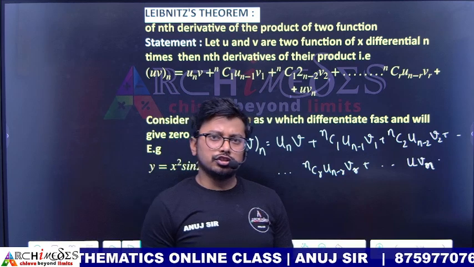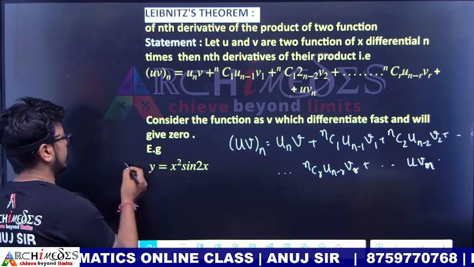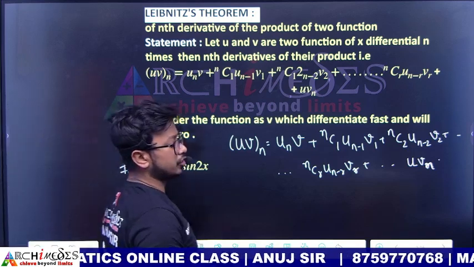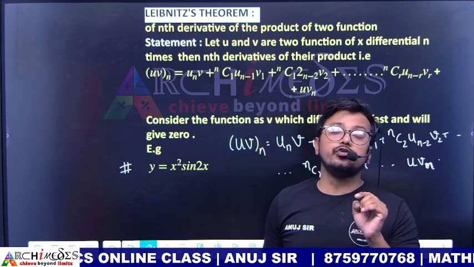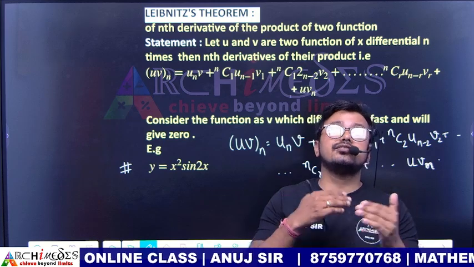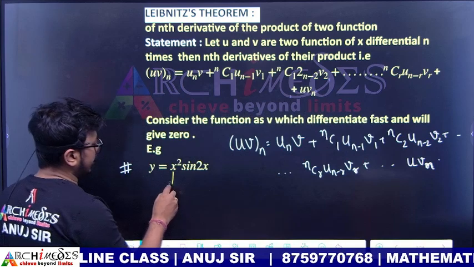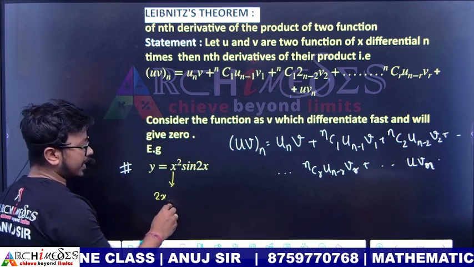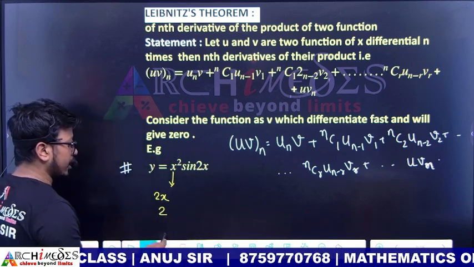Clear? So whenever you are going to find the nth derivative of a product of two functions, you have to choose v which will differentiate fast and give you 0. For example, if we differentiate x square, it becomes 2x. If I differentiate one more time, it becomes 2. If I differentiate one more time, it becomes 0.